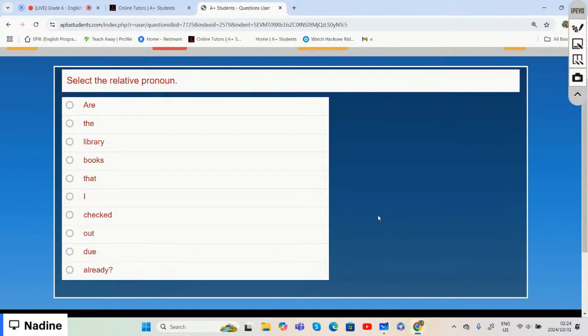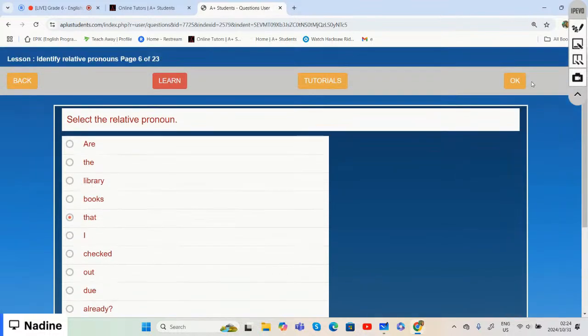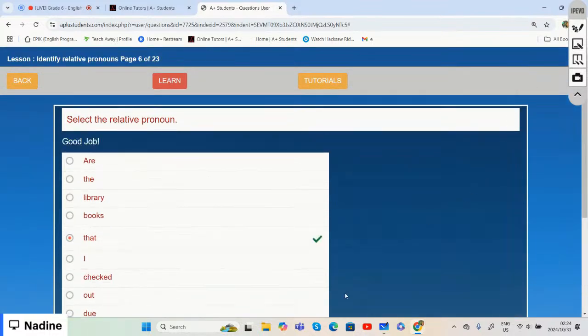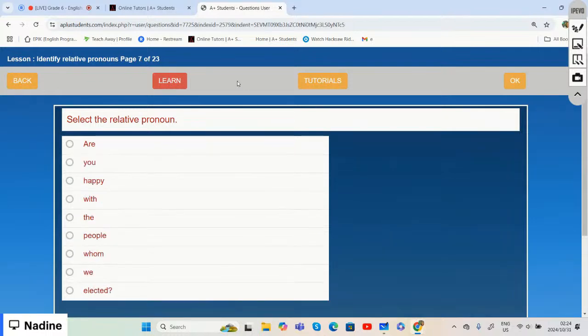All right. It says, are the library books that I checked out due already? So that is our relative pronoun.